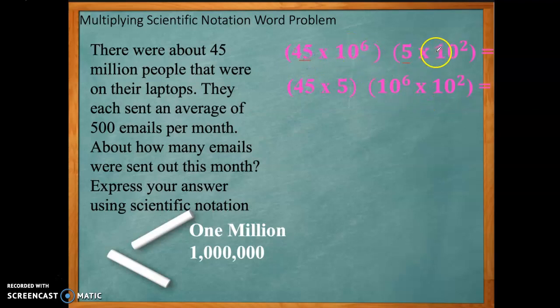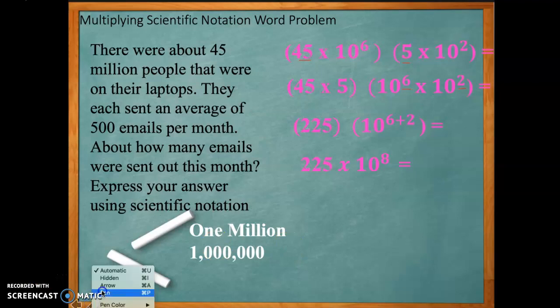Okay, and then I got my base of 10 where I know I'm keeping the base, so I will be adding those exponents. In this case, I get 225, and 6 plus 2 would be 10 to the 8. But of course, I'm not done because I have to put it in scientific notation.